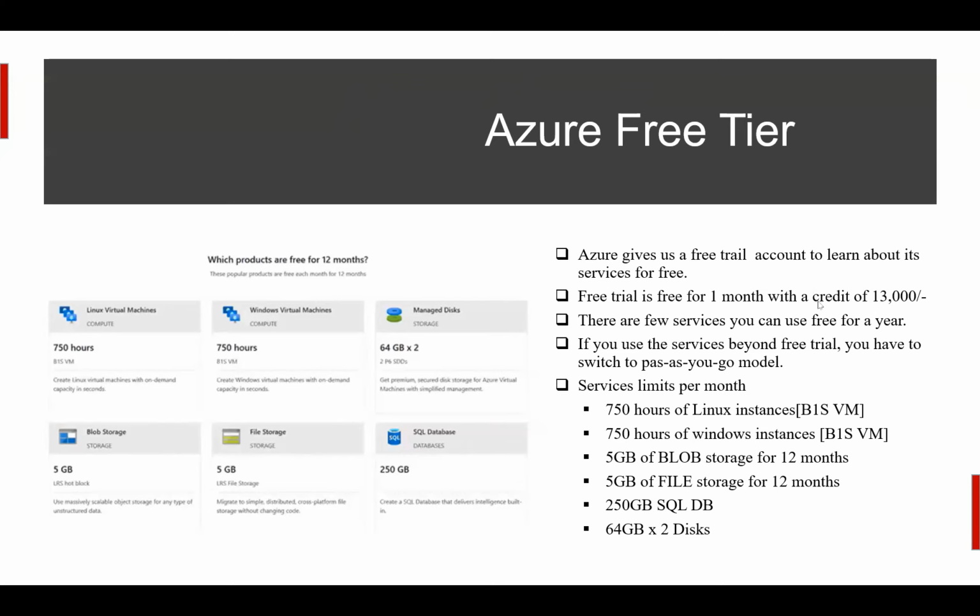No worries. You need to create a Microsoft account, nothing but a Skype account, Outlook account or Hotmail account. You need to use any one of these accounts, or you can use your professional email, like your company email address. Every company email address is going to get a 1 month free trial account.